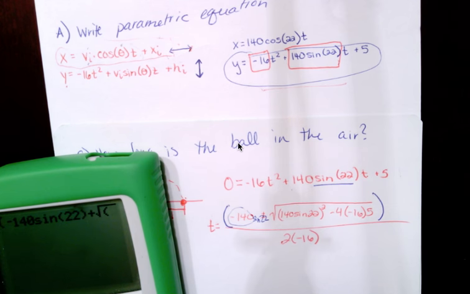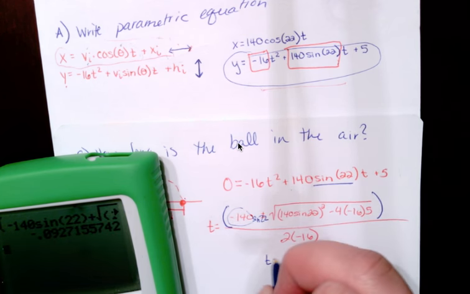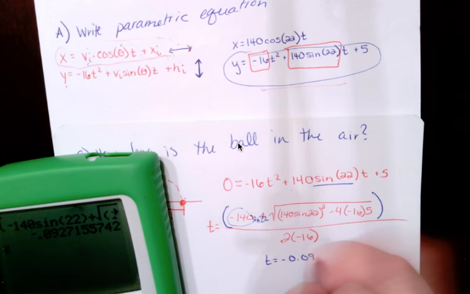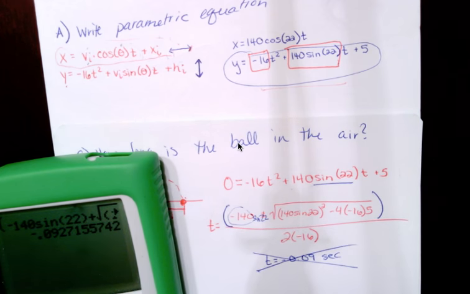All of this is going to be squared, so 140 sine of 22 squared minus 4 times negative 16 times 5, and my parentheses. So that's my entire top. I'm going to divide it all by negative 32. Well, when I do that, I get t is equal to negative 0.09 seconds. Well, we know that's not going to work, because negative seconds, that's before we even started.